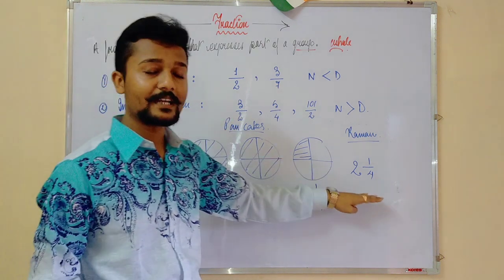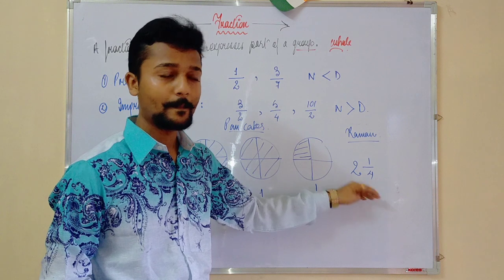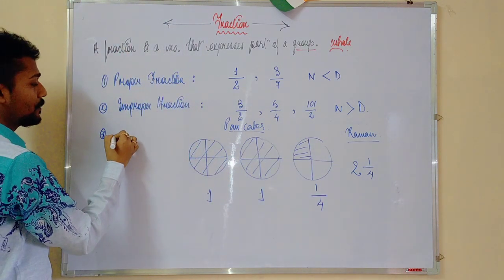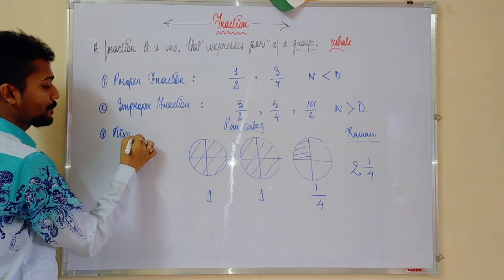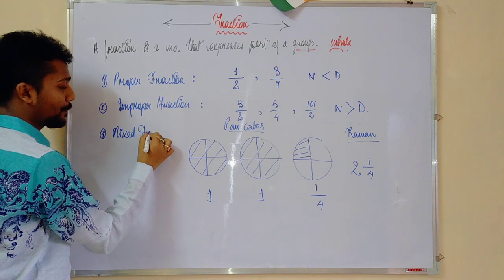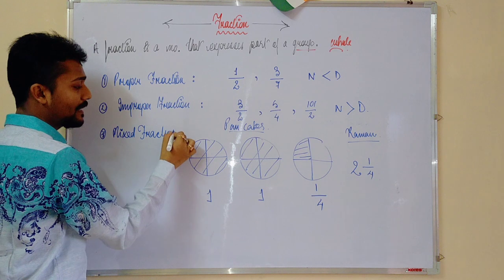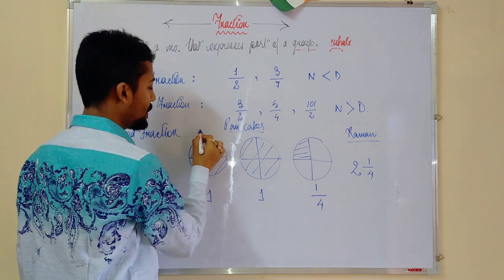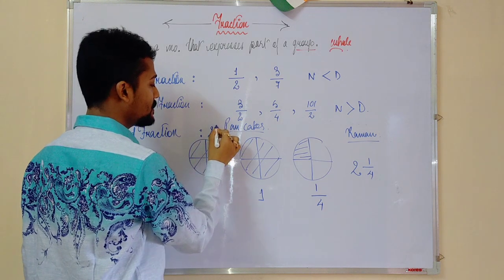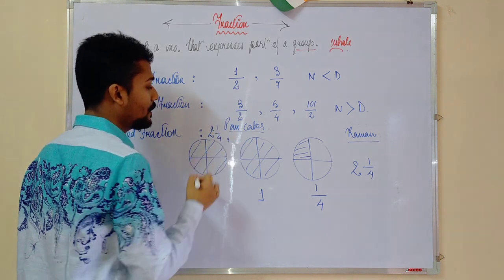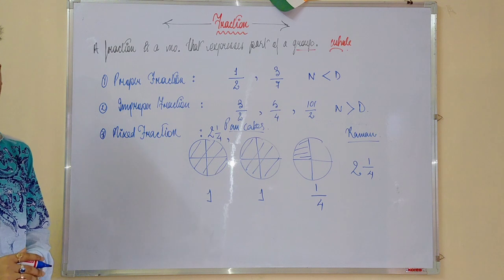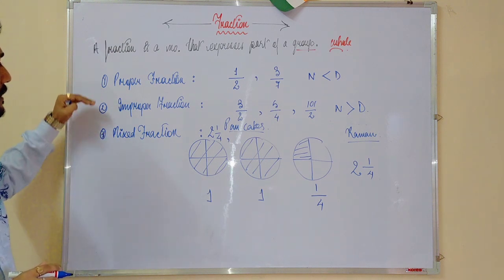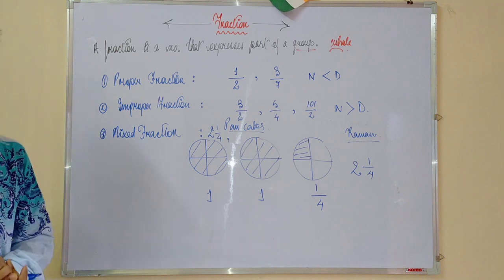This is a different arrangement, isn't it? This type of arrangement of fractions is known as a mixed fraction. Now I am not going into very much depth or detail. I am just trying to express it in the simplest way, so that you can understand. So proper fraction, improper fraction, mixed fraction we have done.